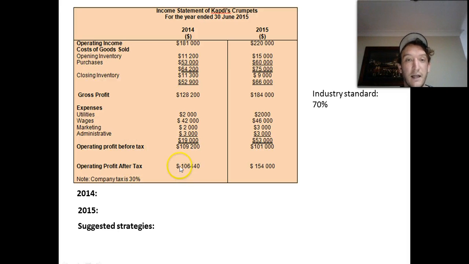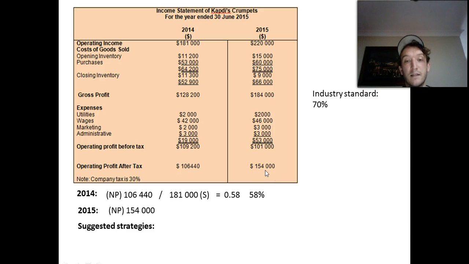Our net profit in 2014 was $106,440, and we're going to divide that by our sales revenue, which was up here, which gives us 0.58 or 58%. 2015, same goes, 154,000. We're going to divide that by our 220,000, which gives us 0.7, or 70%. Okay, so we've got our raw data.